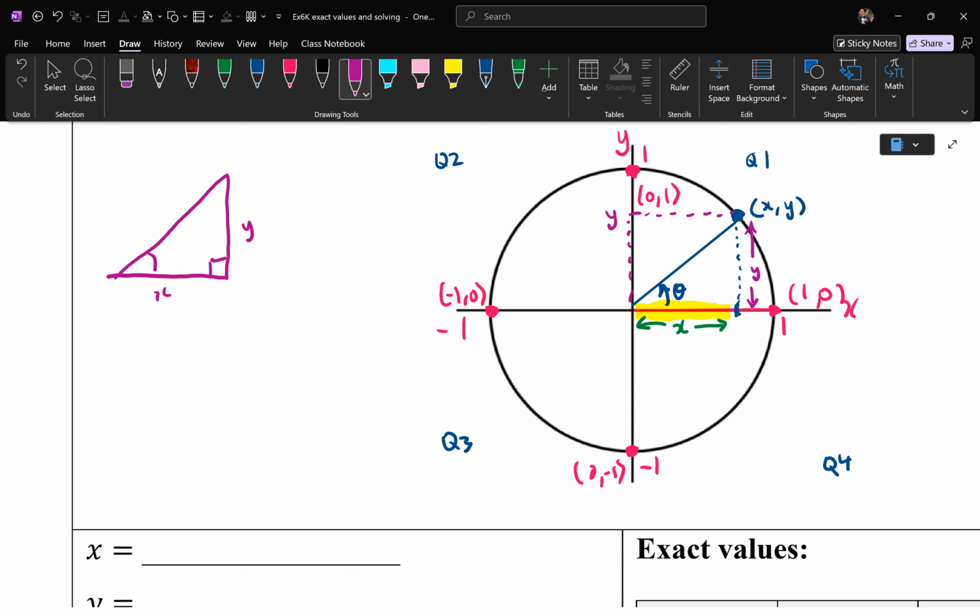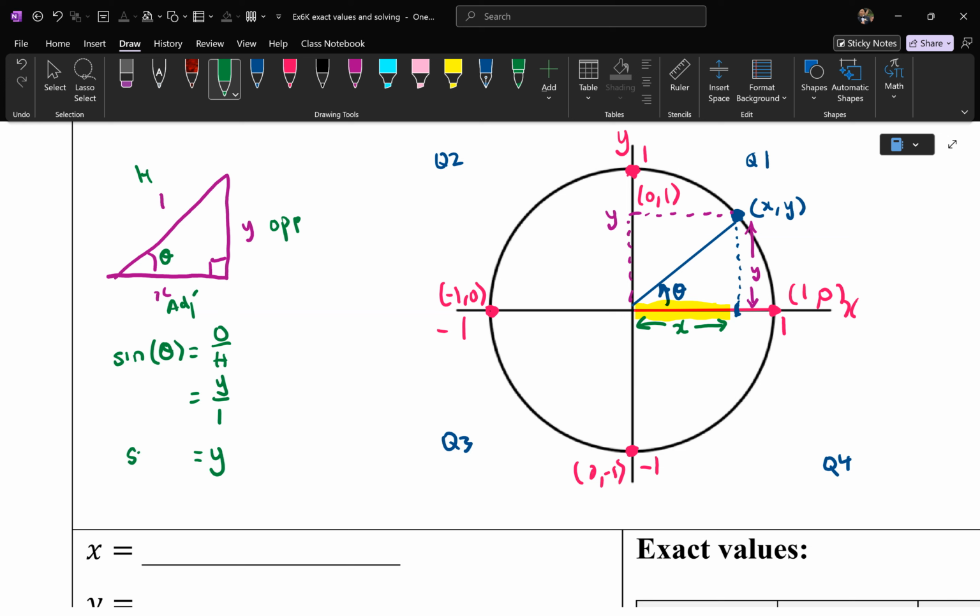Now you've got a hypotenuse equal to 1, but when you write out your trigonometric ratios, sine of the angle, remember, I don't know what that angle is, but whatever the angle is, sine of that angle is equal to opposite divided by hypotenuse. But conveniently, opposite is y, and hypotenuse is 1, which works out to be that y divided by 1 is just y.